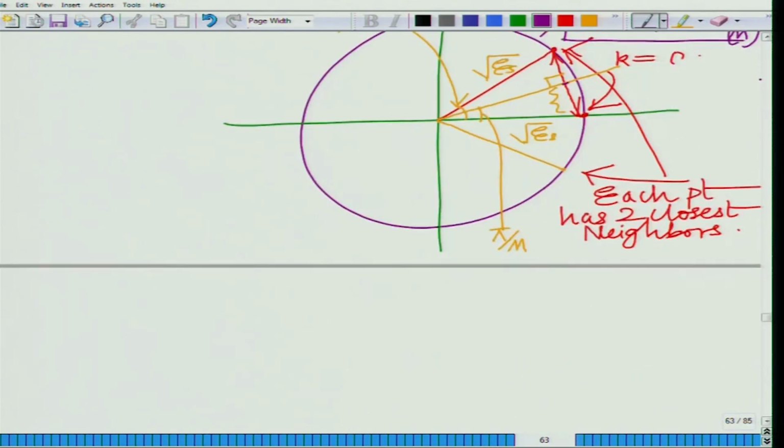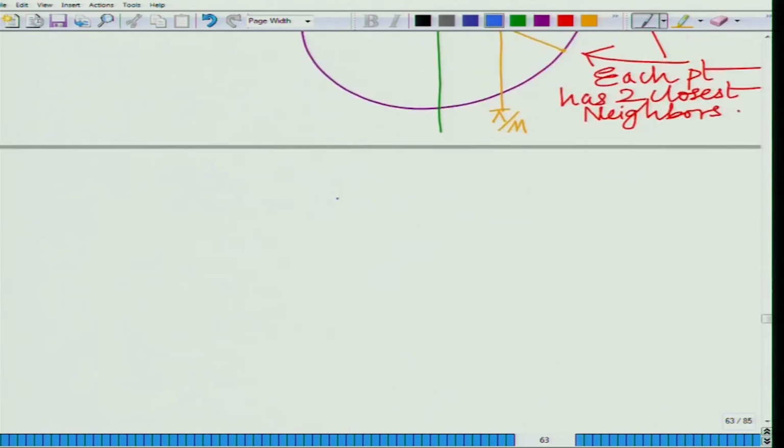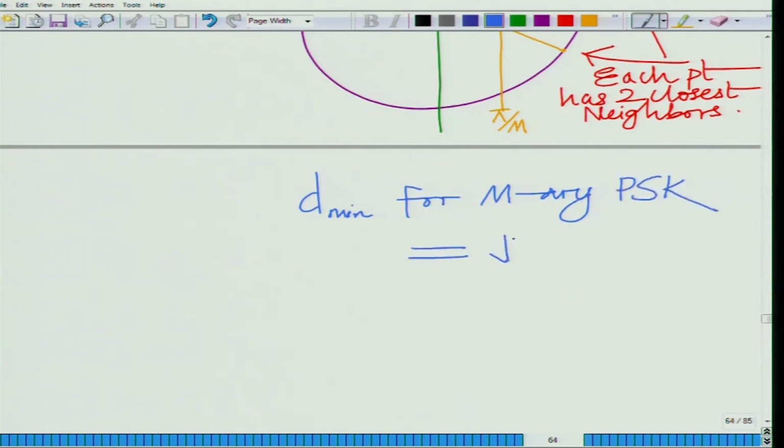So, d min for M-ary PSK equals 2 square root Es sine pi by M.